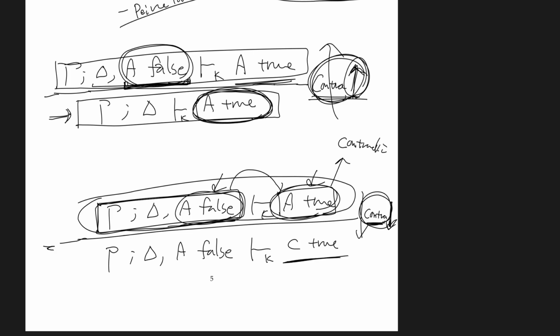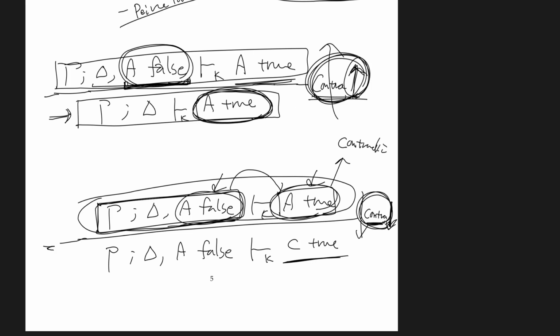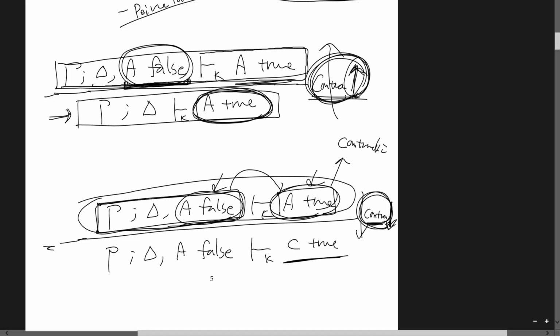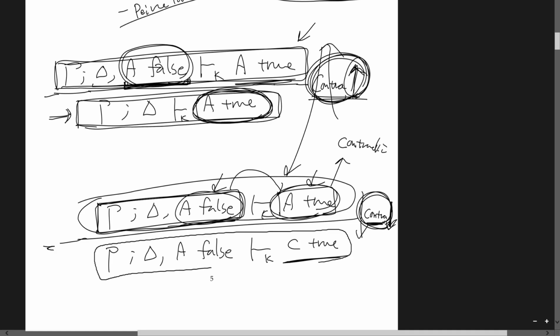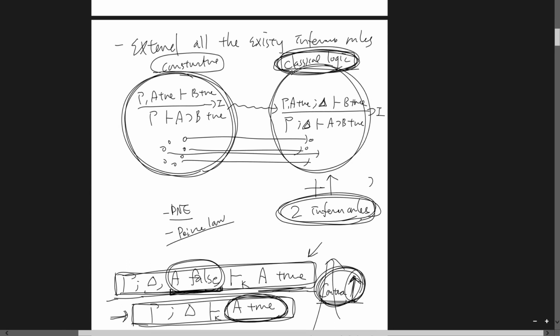Notice that these two inference rules appear to play completely different roles, but they have precisely the same premise. From the same premise, you deduce different judgments. So this is how we obtain the proof theory for classical logic.